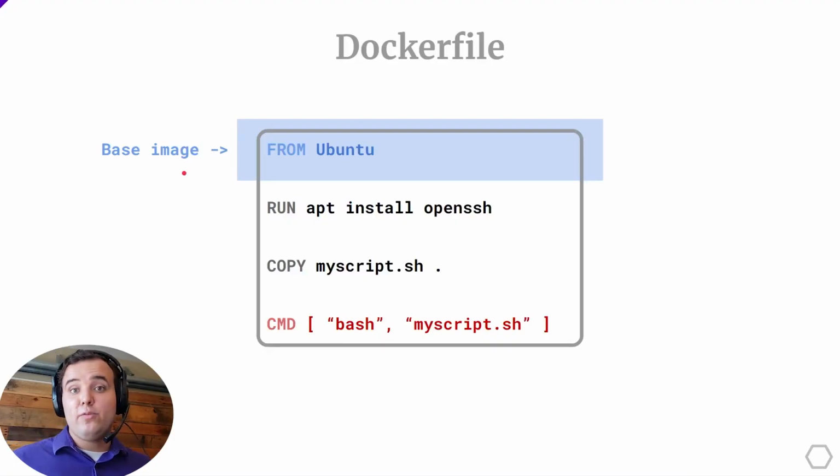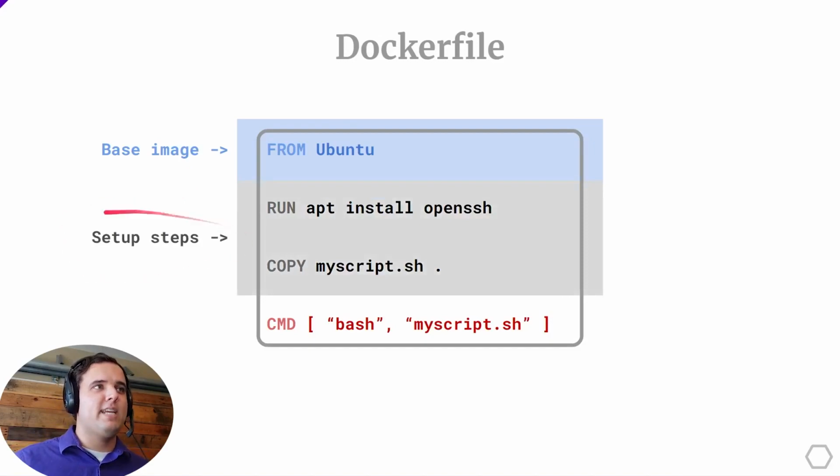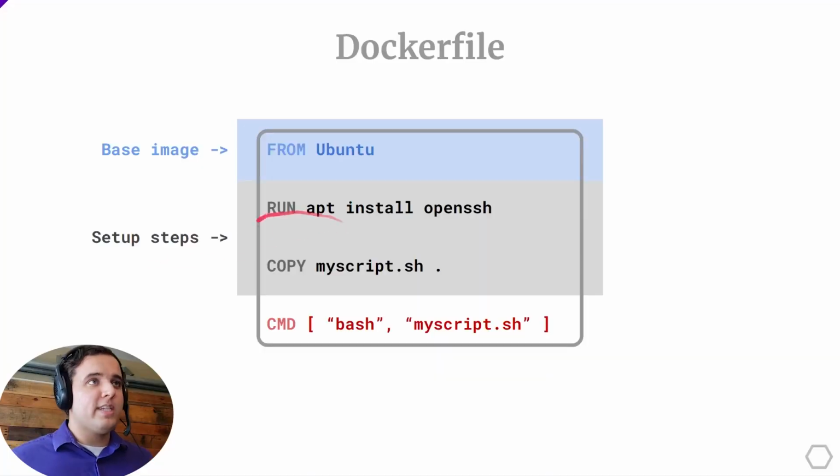After you've decided which image you want to start with, now we have to do the setup steps. These are pretty much the steps that it takes to go from the image you started from to your application being installed and ready to run. In this case, you can see we're installing the dependencies, and we're also copying in whatever your application might be.